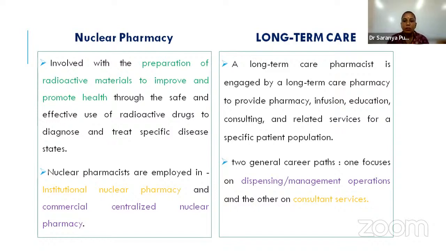Pharmacists also provide consultation and other related services for a specific patient population in long-term care. There are two general career paths in long-term care. One focuses on dispensing or management operations, and the other is on consultant services. So the patient population will be completely taken care of by the long-term care pharmacist. So that is another option.